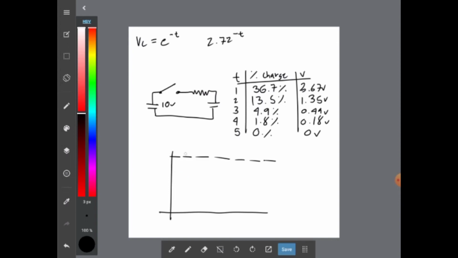So as you can see from the equation here, the graph should look like this. Drops down dramatically and then slowly being horizontal. Until it reaches 0 volts.